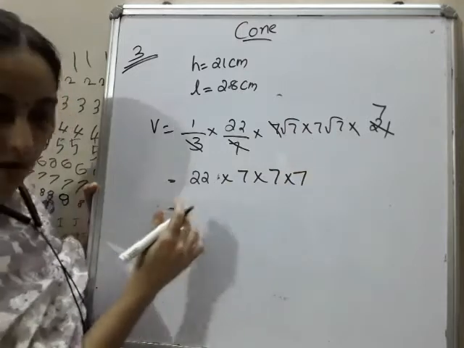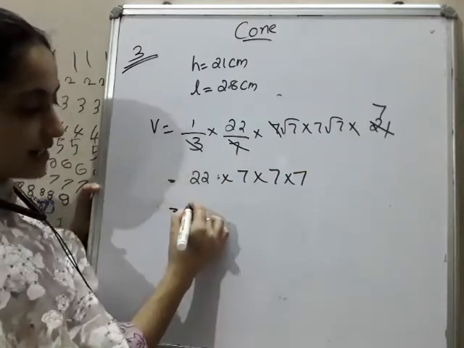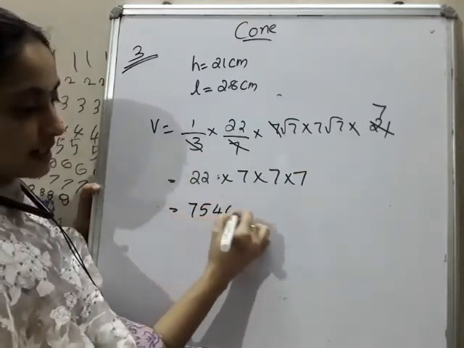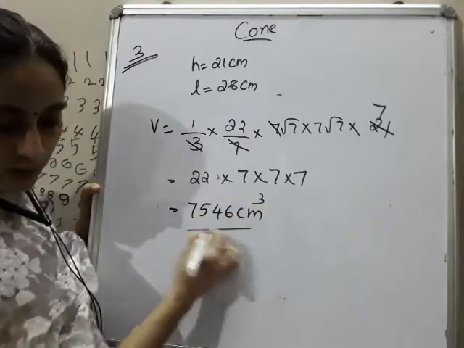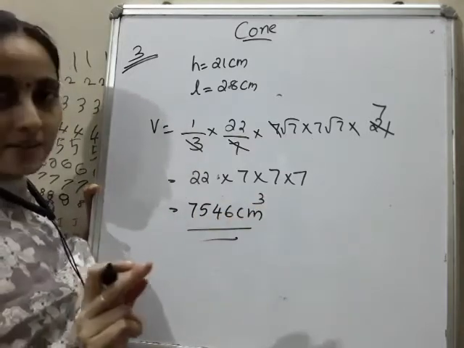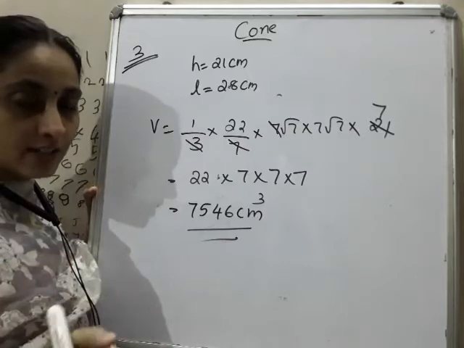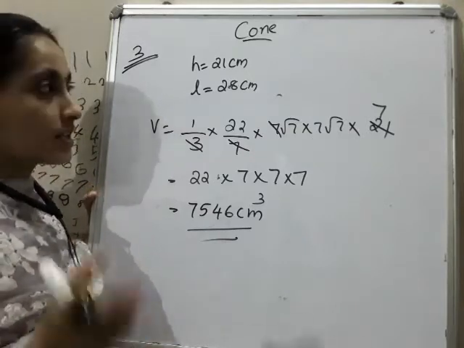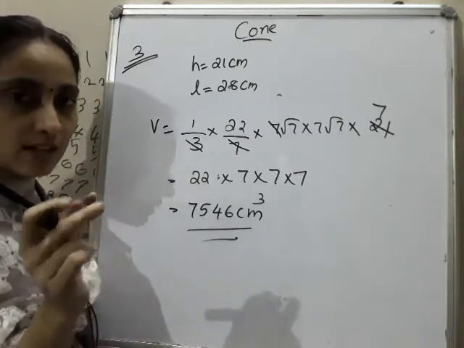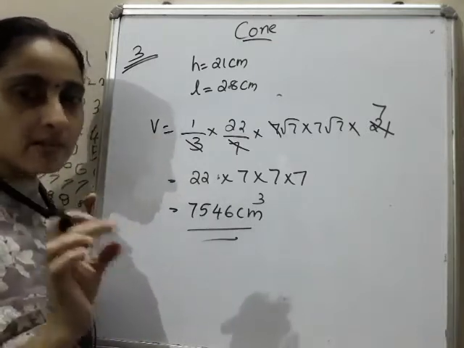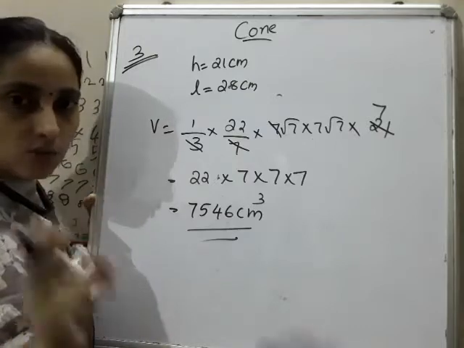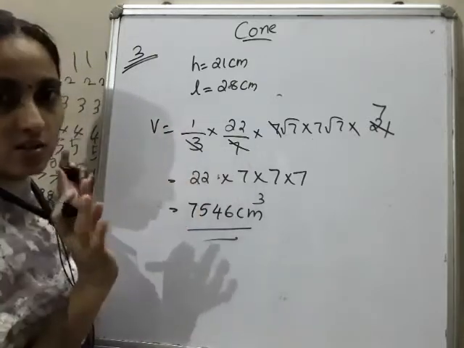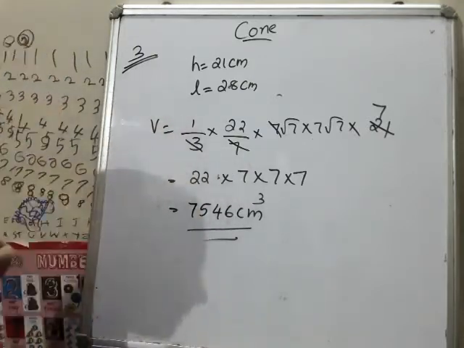You have to multiply all this, and you get the answer as 7546 centimeter cube. I think you may have started with r square is equal to 343, then what is the next step? I think there was confusion, so I hope that is clear. Just factorize and group, so r will be equal to 7 root 7, and you substitute here. That's all. So we'll move to the next question.